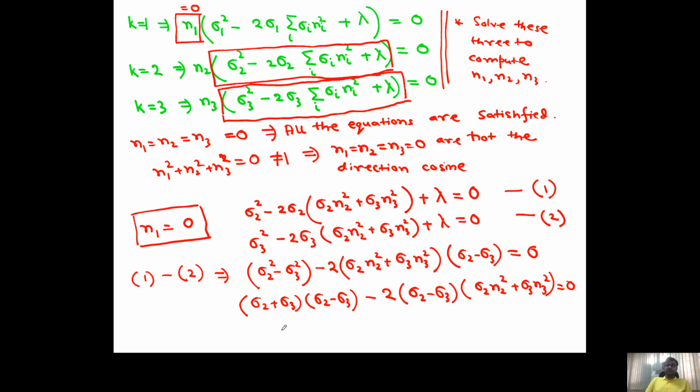Now generally sigma 2 and sigma 3, these are two principal stresses, and generally the principal stresses are different. So in a general situation, sigma 2 will not be equal to sigma 3. So we can cancel this term out. And what do we have once we cancel this out? Sigma 2 plus sigma 3 is equal to 2 sigma 2 n2 square plus 2 sigma 3 n3 square, right?